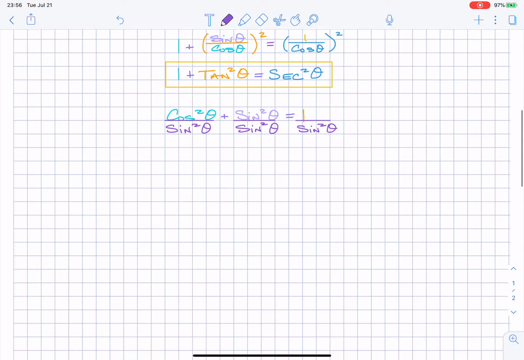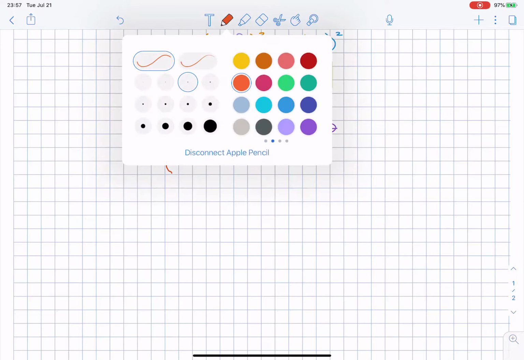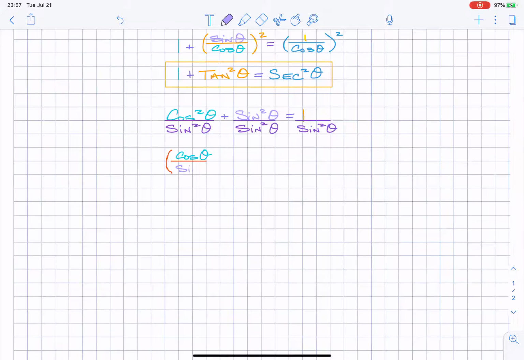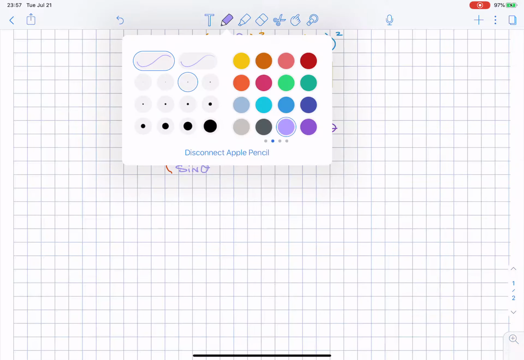So now over here on the left, I'm going to have cosine of theta divided by sine of theta, and then I'm going to square that whole thing because each of them is squared.